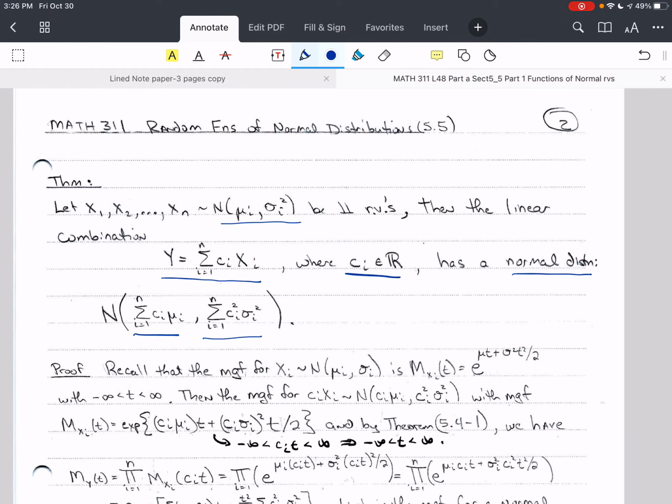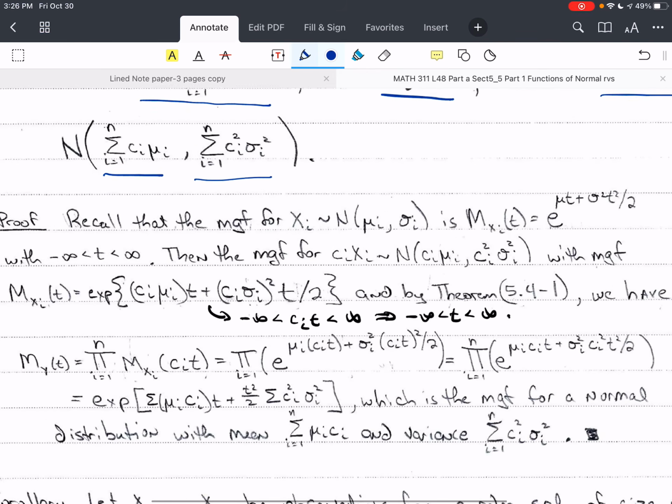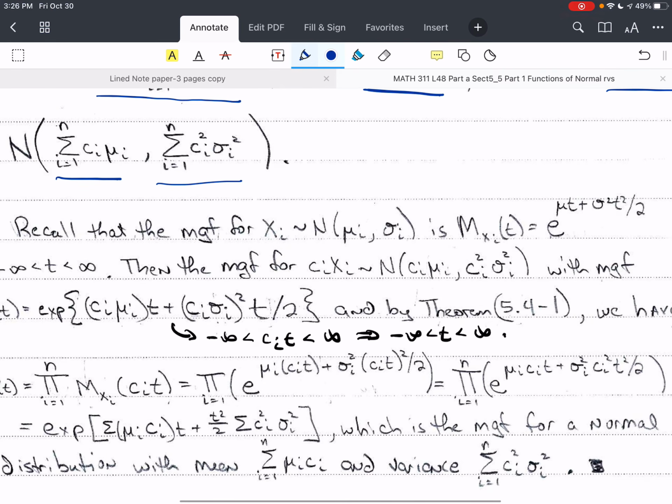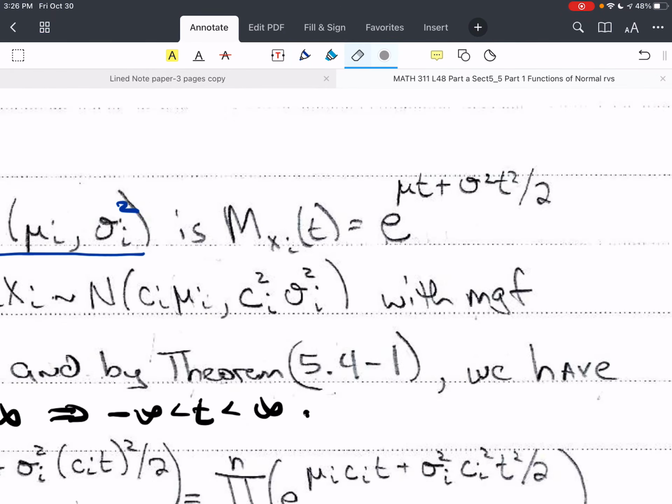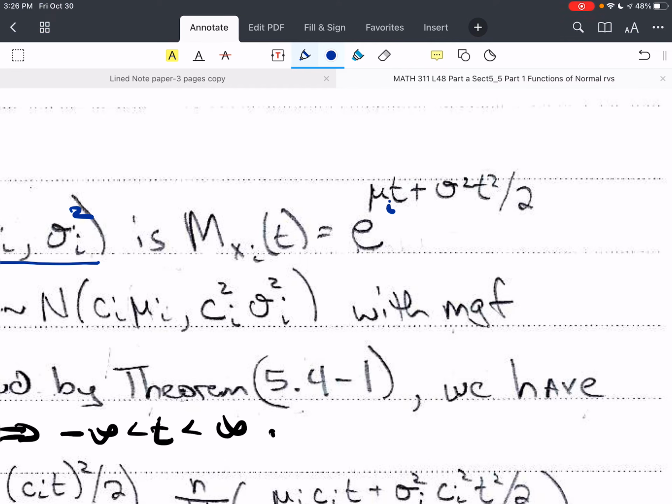So let's prove this. To do so, we need to recall that the moment generating function for a normal distribution variable x sub i, with mu i and sigma i squared as the mean and variance, is M sub xi of t equals mu i t plus sigma i squared t squared over 2.